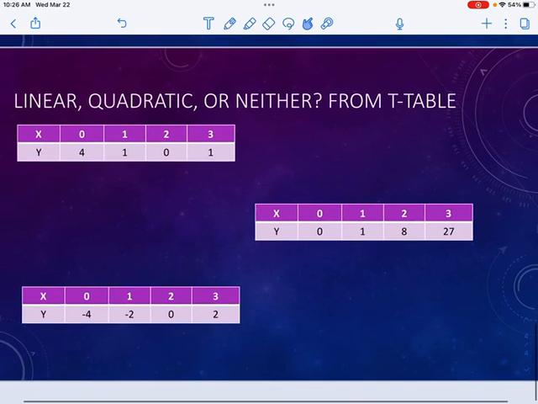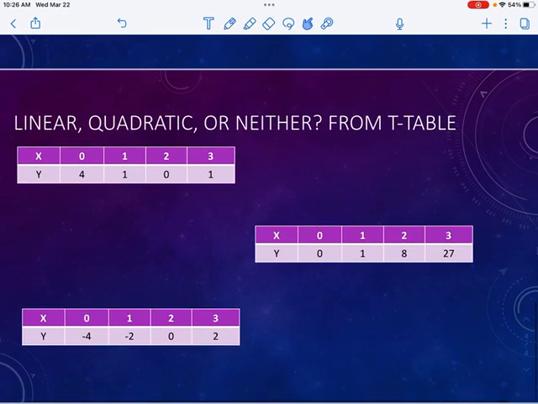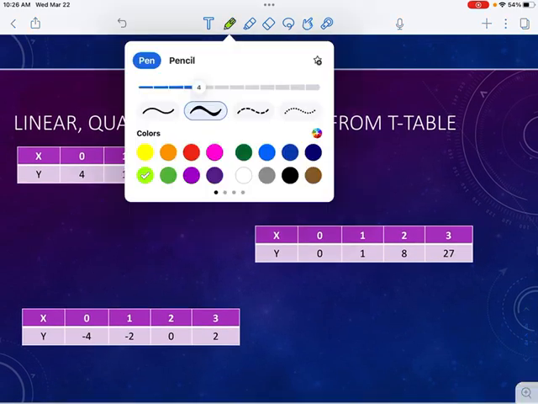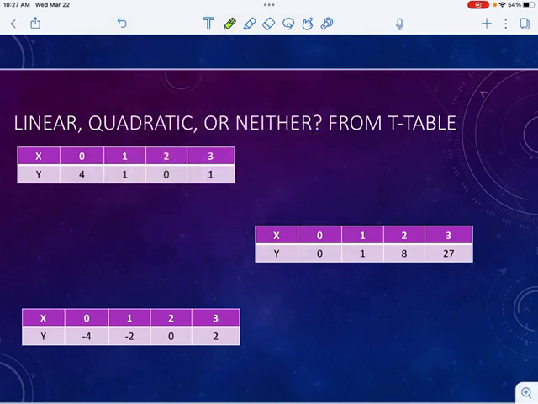Now let's take a look at from a t-table. So what I'm going to do here is I'm going to start in and I'm going to find my differences. So I'm going to start and I'm going to say, okay, 1 minus 4, and that would be a negative 3. 0 minus 1, that would be a negative 1. And then 1 minus 0, that's a 1. Well, if I look, none of those numbers are the same, right?